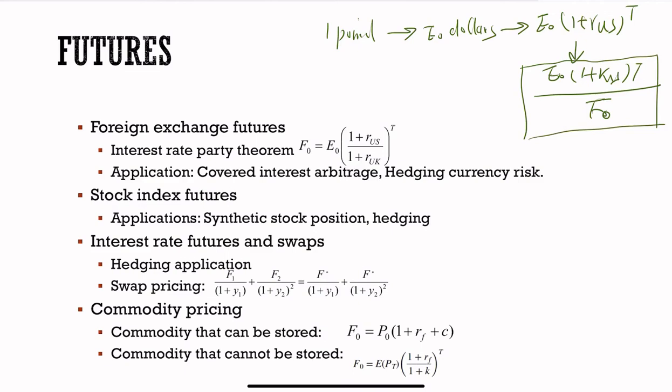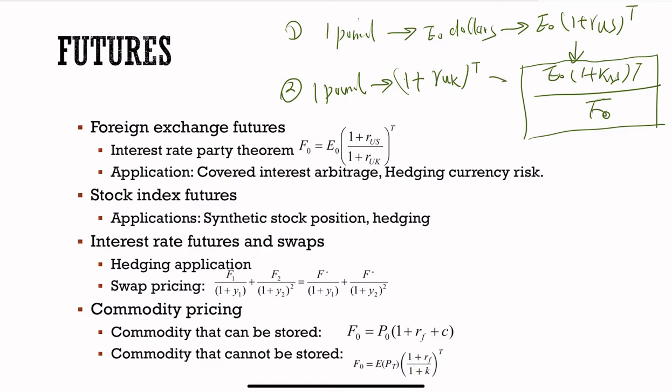And then the second way to do this, I will just directly invest this £1 in the UK, and after T periods, I will get 1 plus RUKT, right? And these two strategies should give you the same payoff.